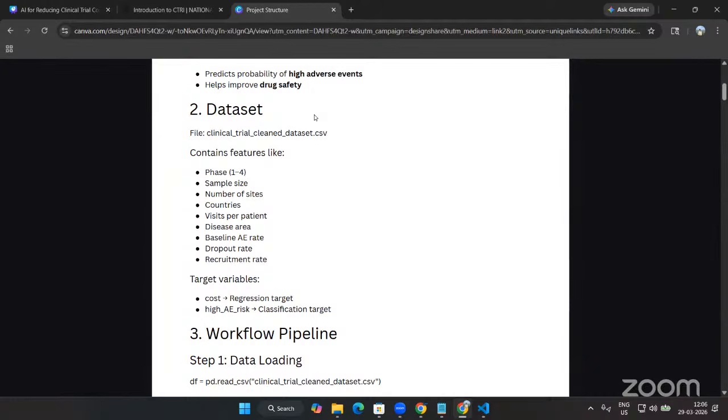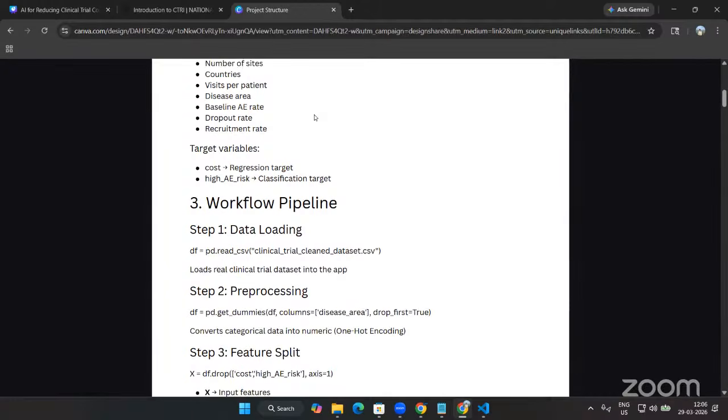Then high AE risk. AE is adverse event. So high AE risk is going to come from a classification target. It is a classification parameter, so it will come from classification.